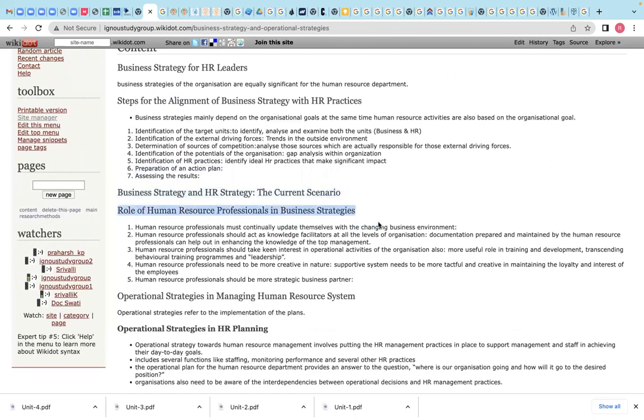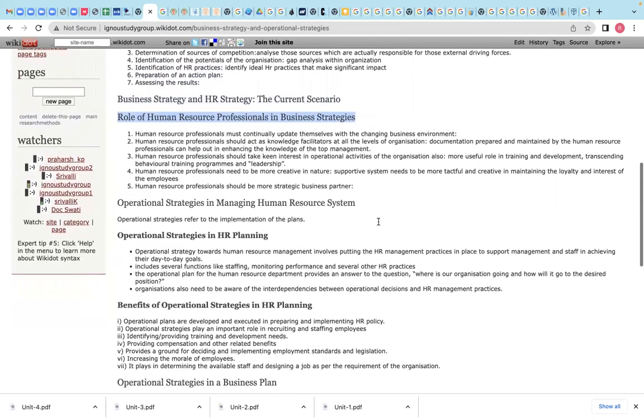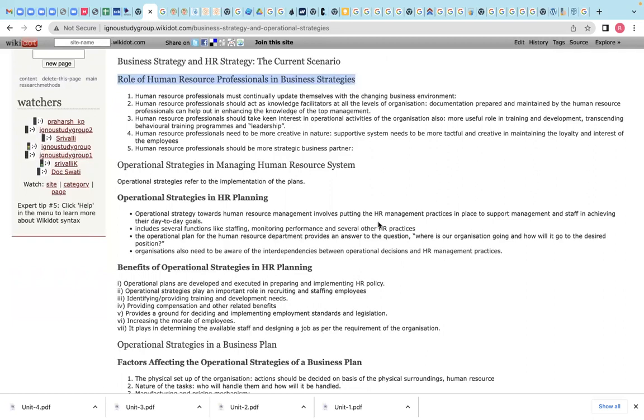I deliberately skipped one section, which is business strategy and HR strategy current scenario. There is a lot of just pure text which we can fill as far as this section is concerned. There is no question that is going to come, but it is covered majorly in this particular block 1. I skipped that deliberately because there is a lot of text and nothing is significant.